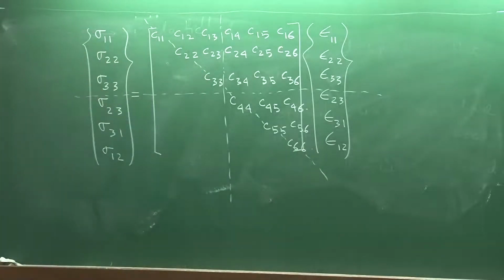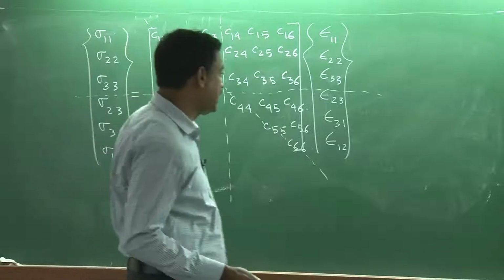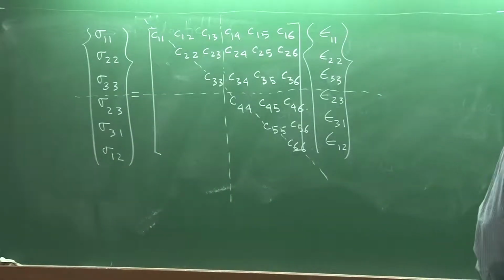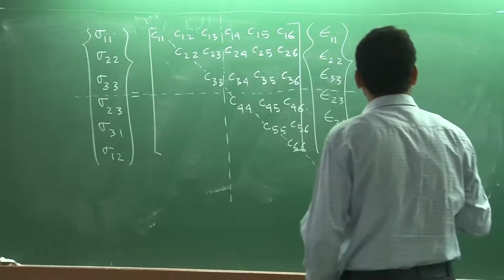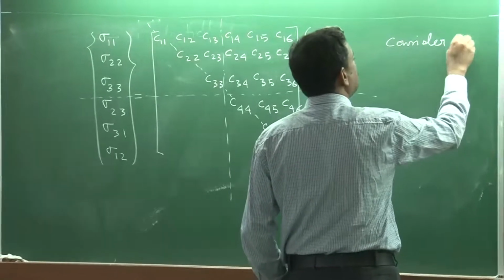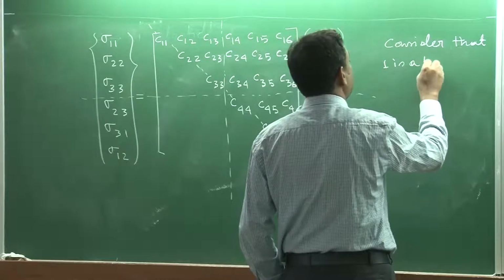So, 21 constants that we have seen. Now, what am I going to do? I am going to reflect. Now consider that 1 is a plane of symmetry.